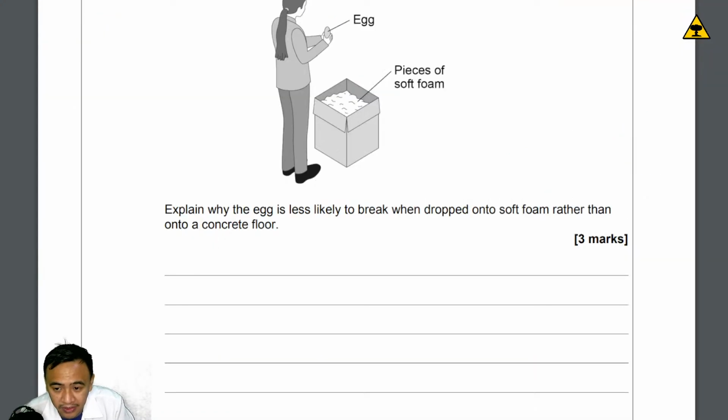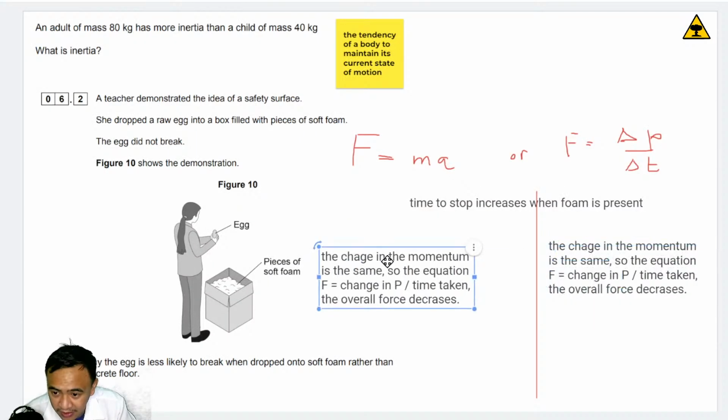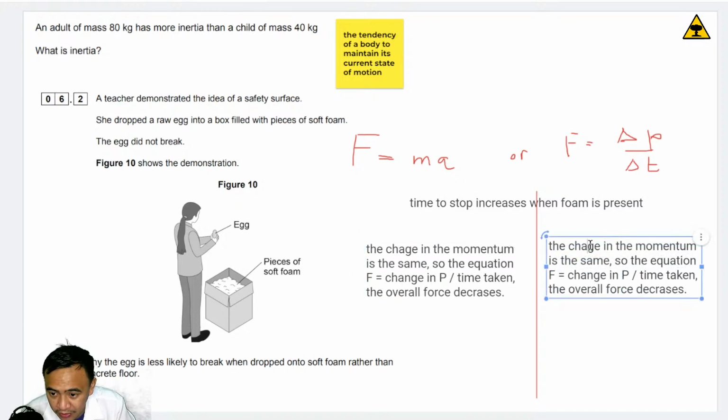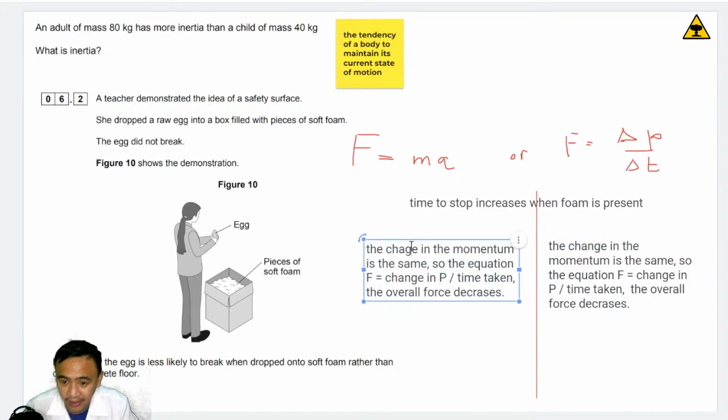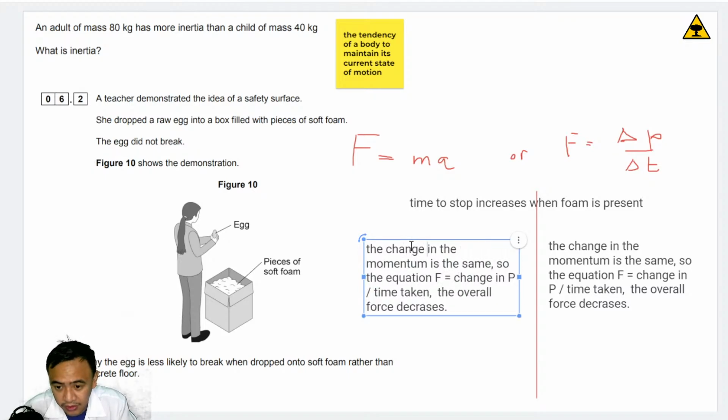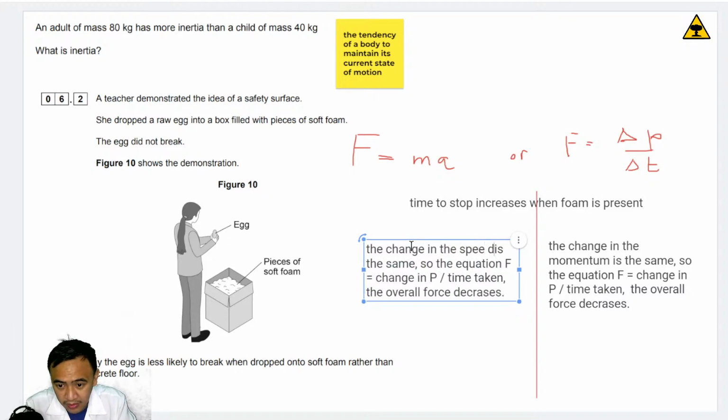All right. How would you answer this in terms of F equals MA? It's going to be the same idea. Instead of looking at the change in momentum, you're looking at the acceleration, the change in the speed. The change in the speed is the same. So we do F equals MA.